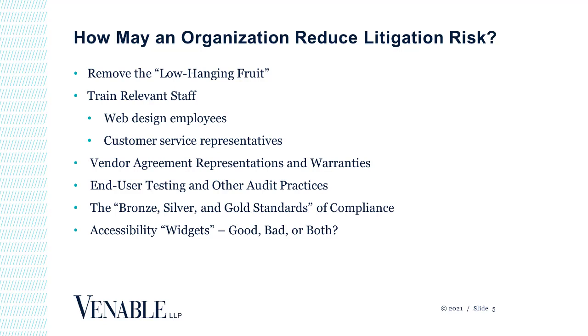But in addition to just being a good way to identify barriers, it's very effective for negotiating a very favorable settlement. When I have a client that's been conducting end user testing for however long now, and then they get another demand letter or they get a lawsuit, when I call up opposing counsel and say, hey, my client's already been doing end user testing and auditing its site every 6 months or every 12 months for the last 2 years, 3 years, you've got the wrong defendant here.